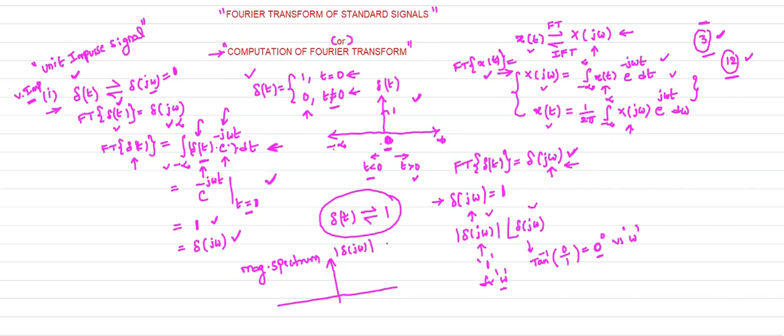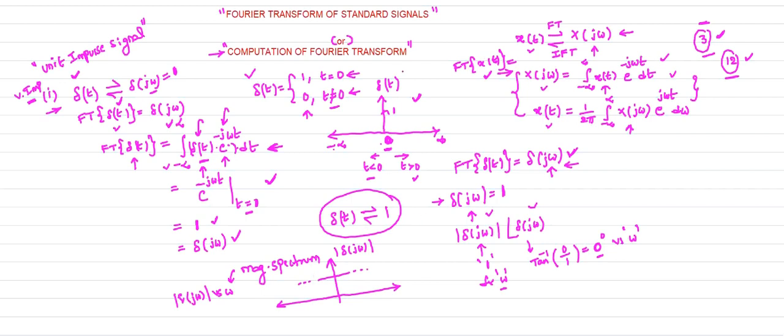The magnitude spectrum is the plot of magnitude of delta of j omega versus omega. That is your magnitude spectrum. So with respect to omega, your magnitude is 1 for all values of omega. So this is your magnitude spectrum.